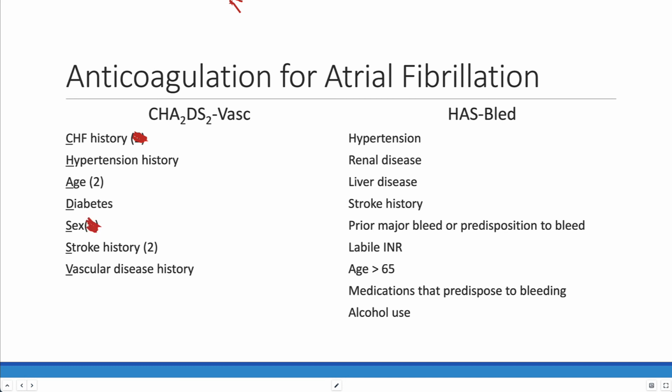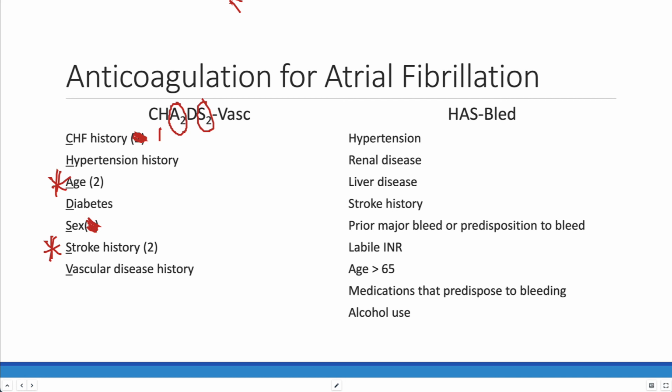So you do get extra points for A, which is age, and you get extra points for previous stroke. Okay? So CHF history gets you 1 point.